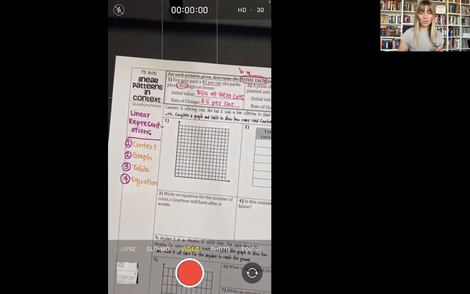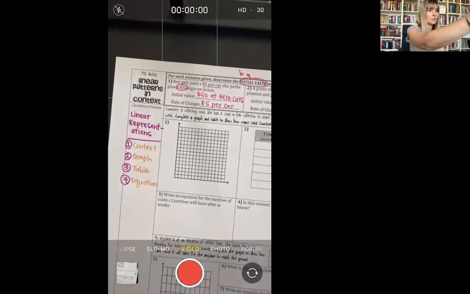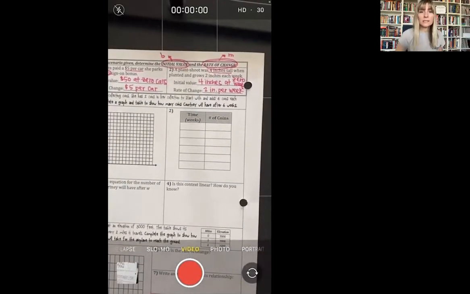Okay, let's try this. So Courtney is collecting coins. She has 2 coins in her collection. I'm actually going to make the table first, because sometimes once I've created the table, I can see a little bit better how to turn it into a graph.